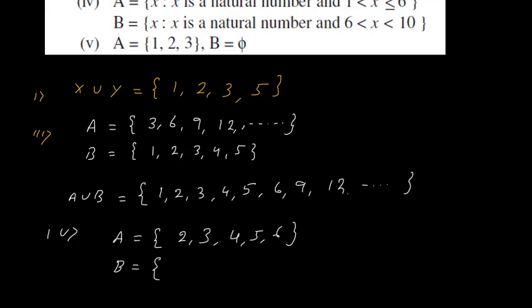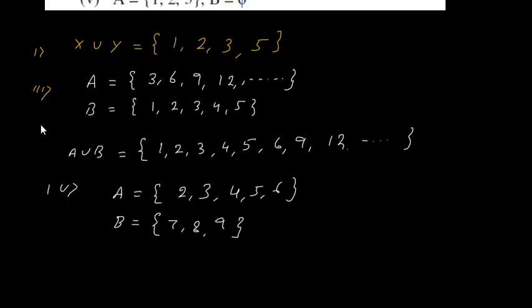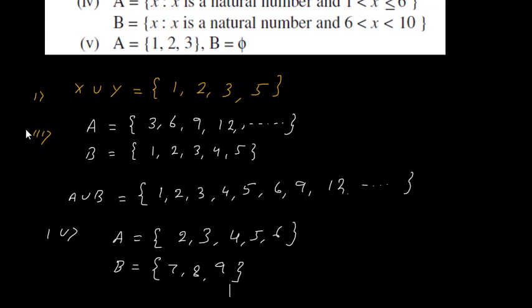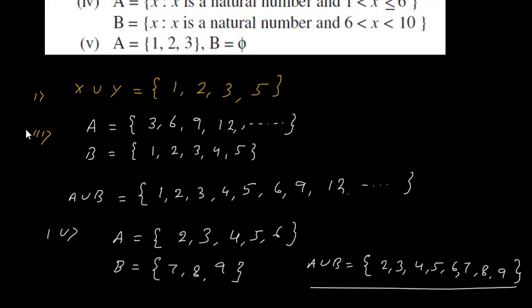So it will be 7, 8, 9. Now you can see that nothing is common in set A and set B. So no problem. A union B I will define as the set which includes 2, 3, 4, 5, 6, 7, 8 and 9. This is A union B.